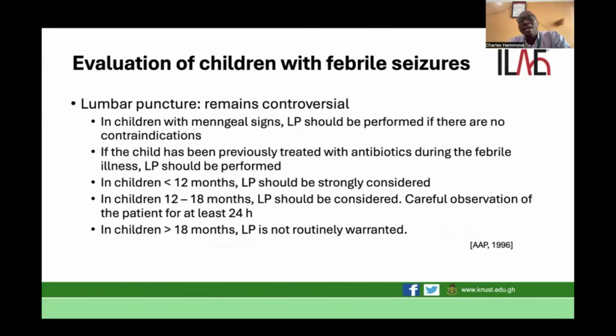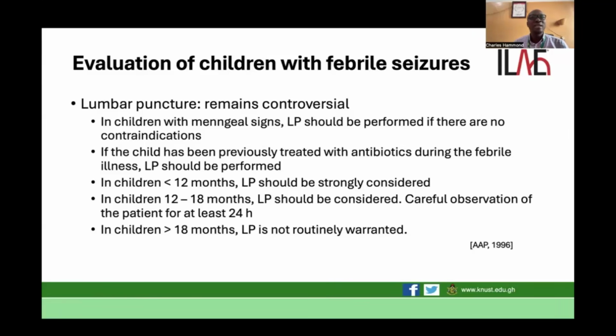The lumbar puncture is controversial. In children presenting with febrile seizures, the lumbar puncture should be performed if there are meningeal signs and there are no contraindications. But we all know that if you are thinking meningitis, children will not usually have seizures and recover within that short period.